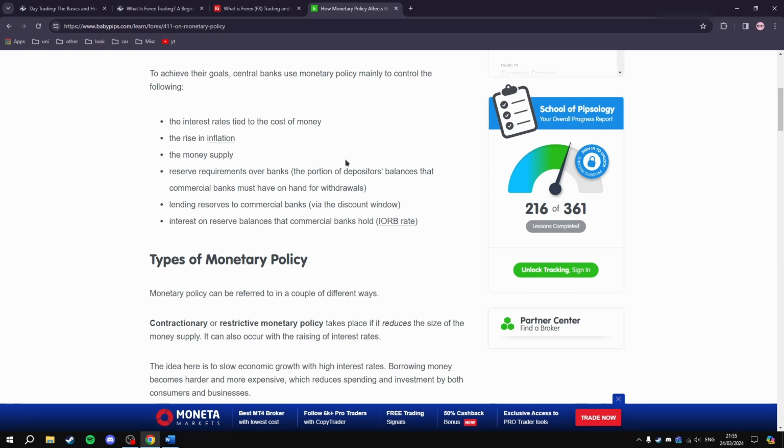Interest on reserve balances that commercial banks hold. So the commercial banks also gain interest on the money that they hold. So that's the interest for them.